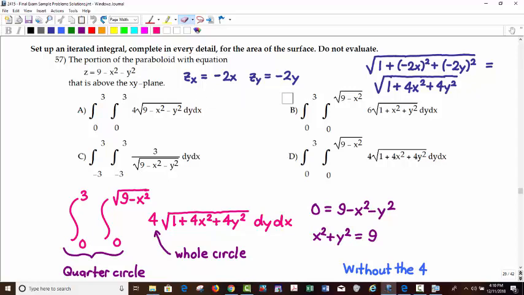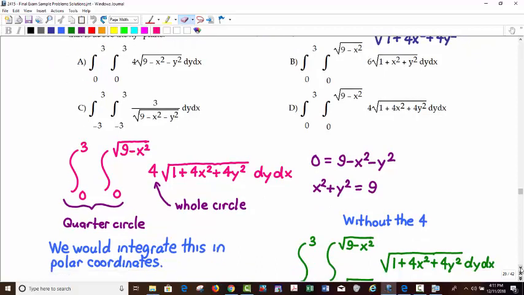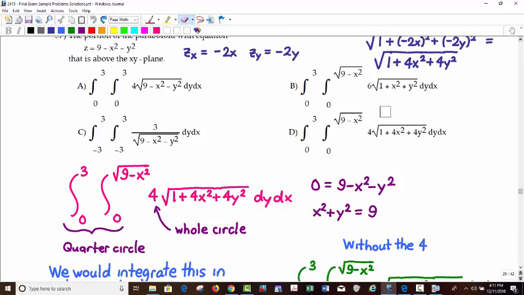The y partial will be negative 2y. So then we have the square root of 1 plus 4x squared plus 4y squared, which kind of gives away the answer to this problem, doesn't it?